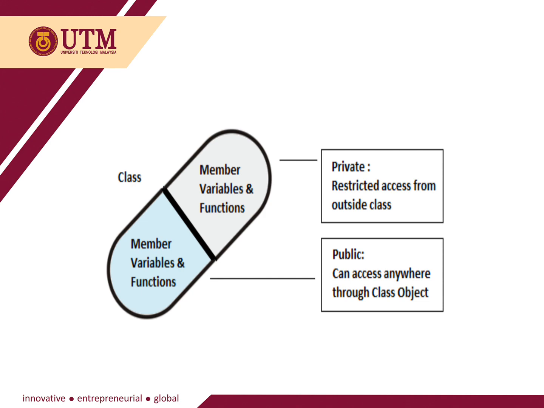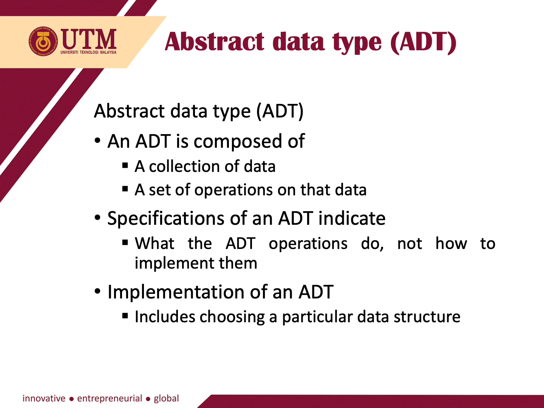But if we declare it as public, then anywhere outside of the function, we can access that variable. An abstract data type is composed of a collection of data and a set of operations on that data. The specifications of an ADT indicate what the abstract data type operations do and not how to implement them. The implementation includes choosing a particular data structure.